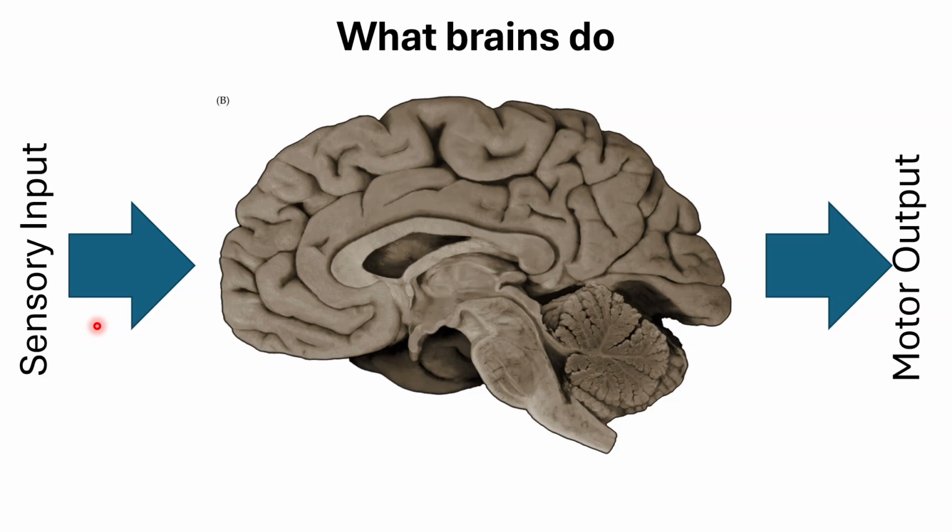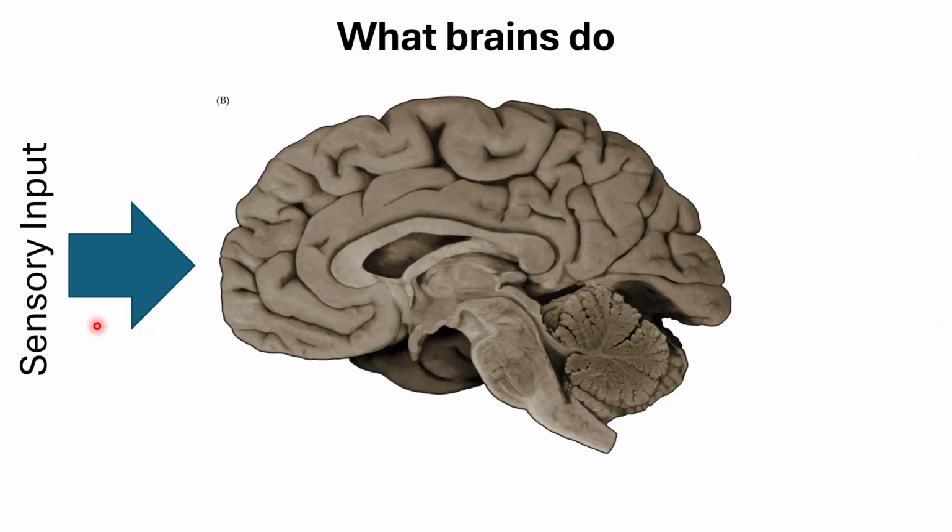It is processed and analyzed by the brain. Decisions are made, memories are formed, but eventually what we see is some sort of motor output, right? It results in a change or some kind of activity that we can see as the brain acting on the muscles ultimately. And so that's a real simple rubric of what brains do.